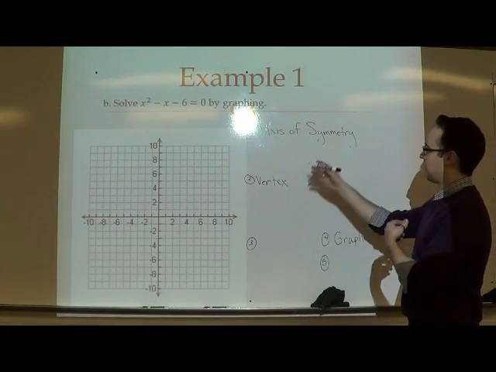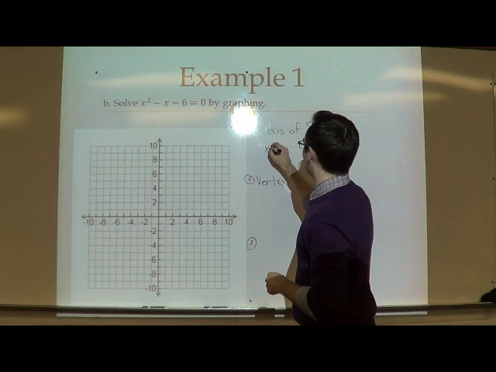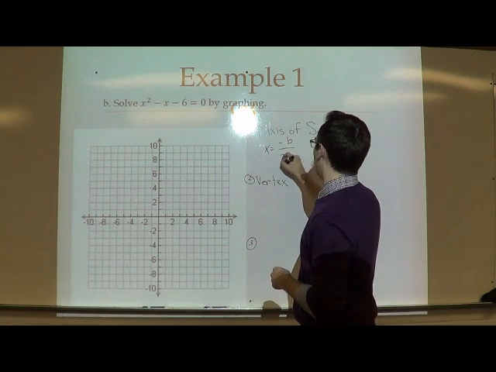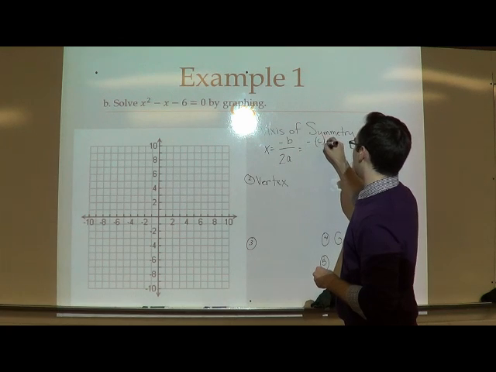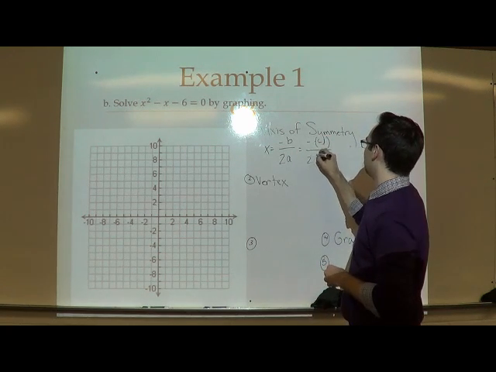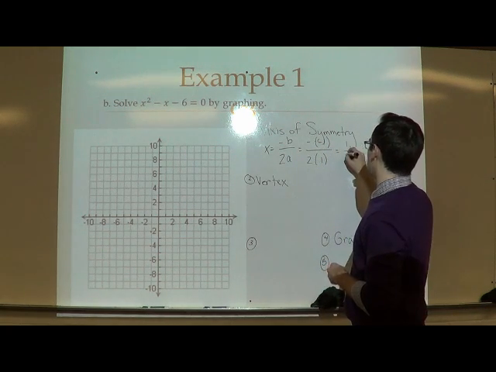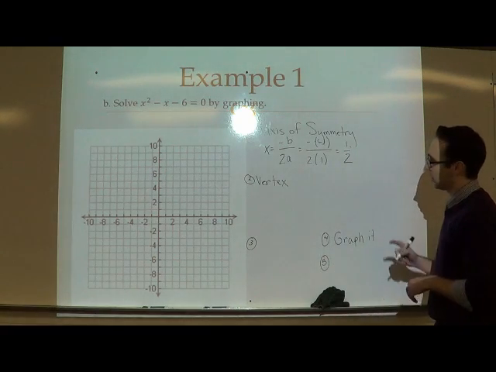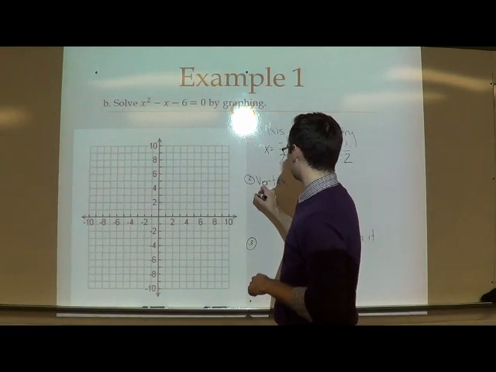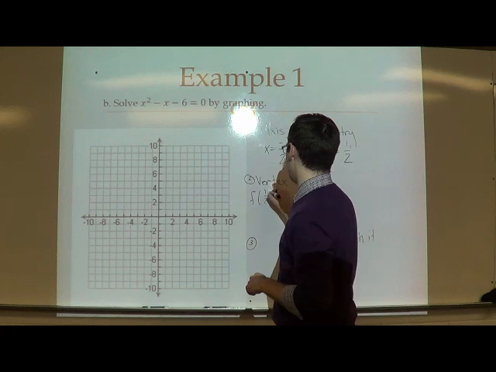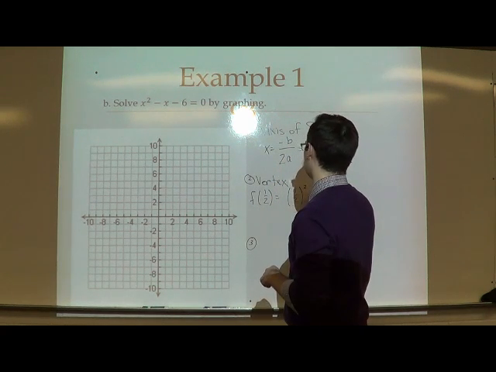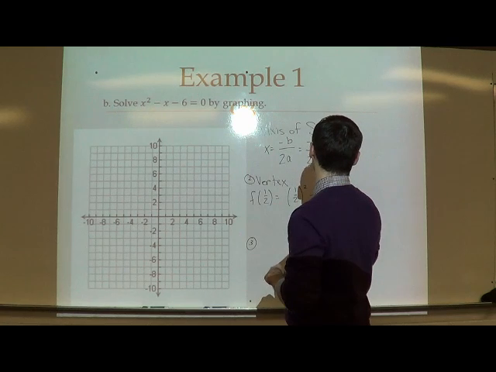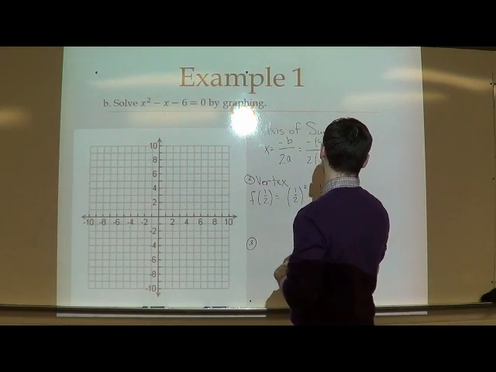So first, we start with our axis of symmetry. x equals -b/2a. So we have -b, which is going to be a -1, all over 2 times 1. So we end up with a positive 1/2. So when I plug that in, we have f of 1/2 is going to be 1/2 squared minus 1/2 minus 6.